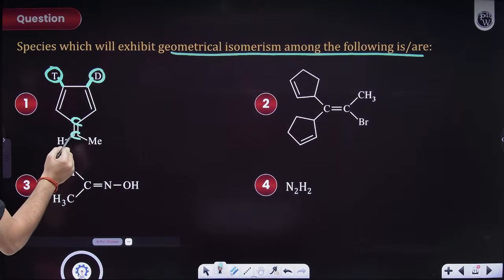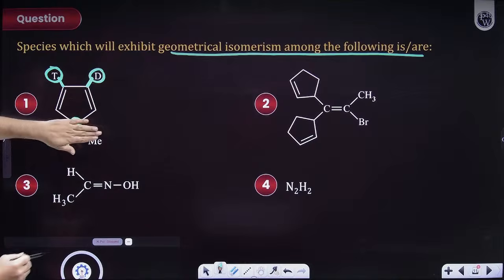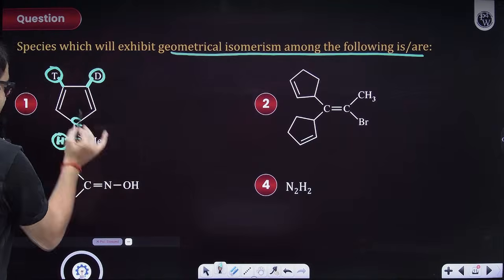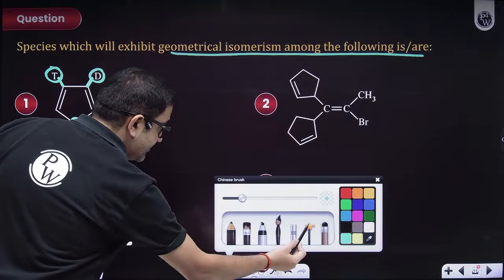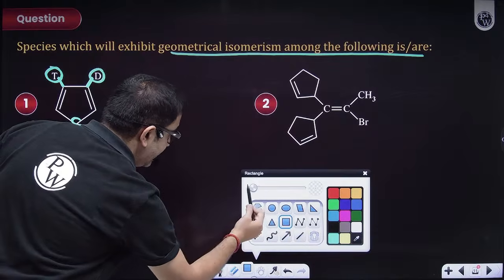So this H and this T are on the same plane. Because everybody is having a restricted rotation, let us consider the complete molecule is existing in a plane, because actually it is.